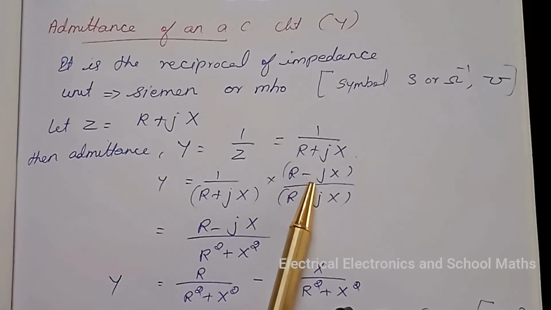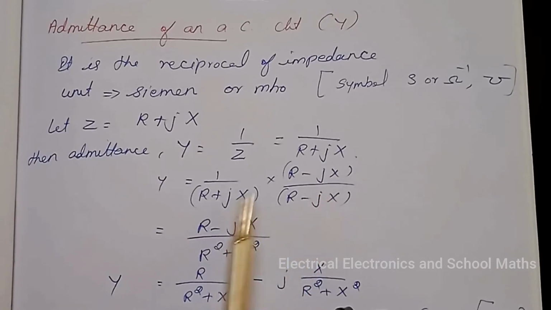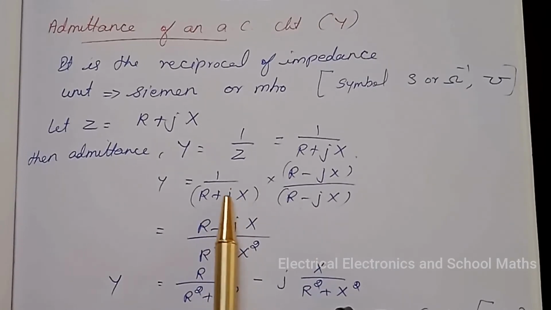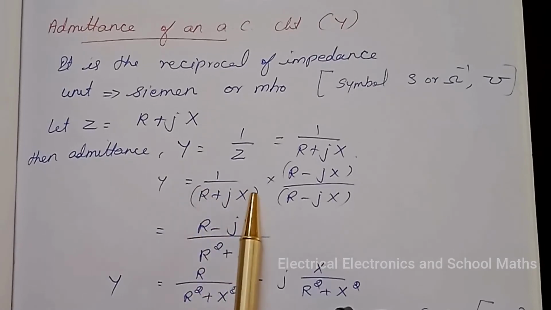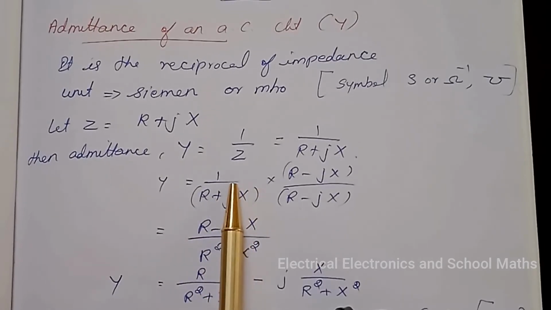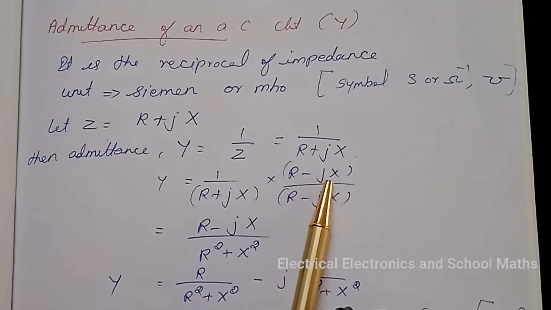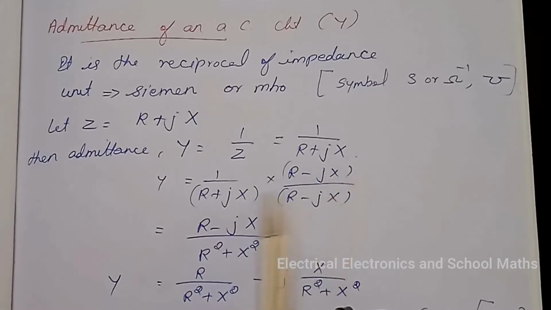Now multiply the numerator and denominator by the conjugate of the denominator. Conjugate means changing the sign of imaginary part. This is real part and this is imaginary part. So changing the sign of the imaginary part, we get a conjugate, that is R minus jX.